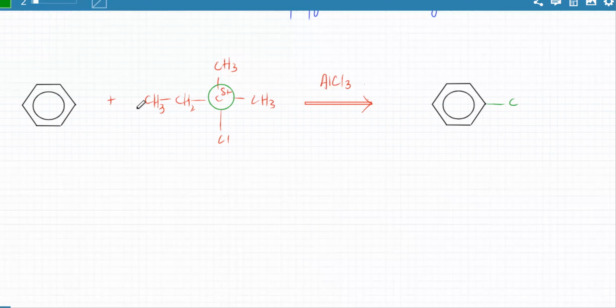It's got 2 CH3s and a CH2 and another CH3 around it. Okay, so that's alkylation. Is this clear?